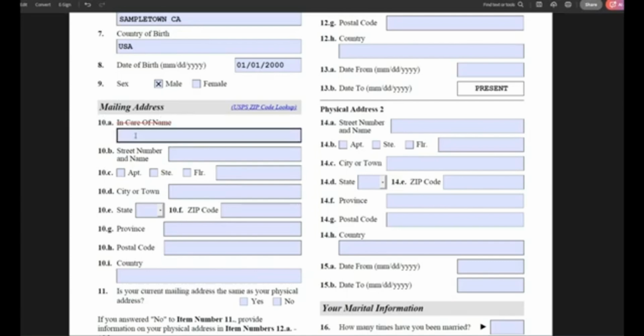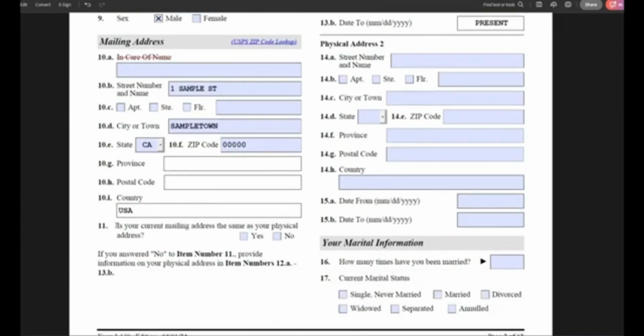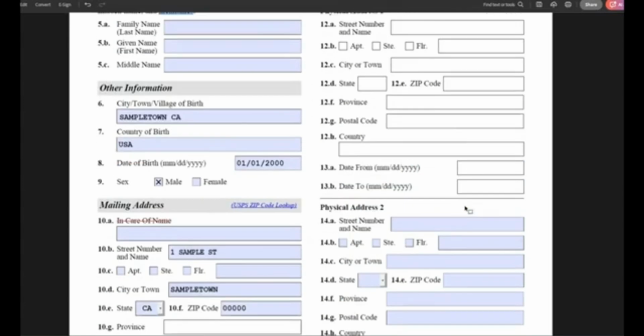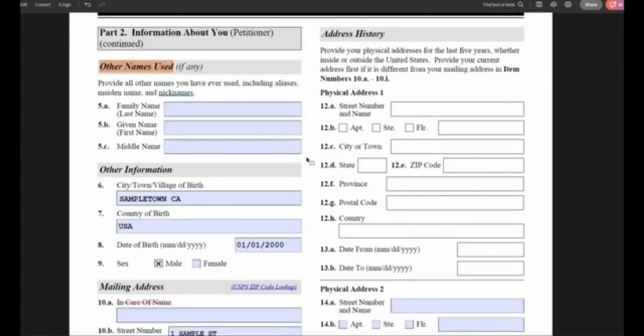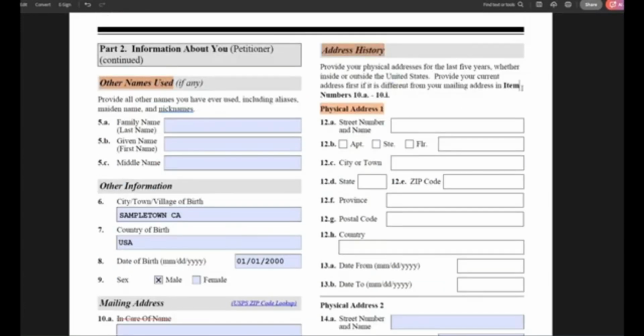In that case, you can write that person's name here and answer this question if your current mailing address is the same as your physical address. If you answer yes, in that case, the next section that asks for your physical address 1 can be left completely blank.